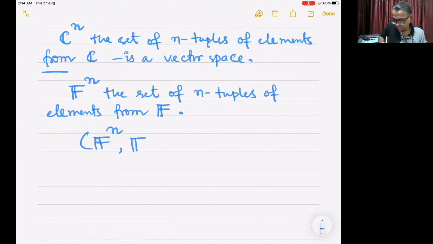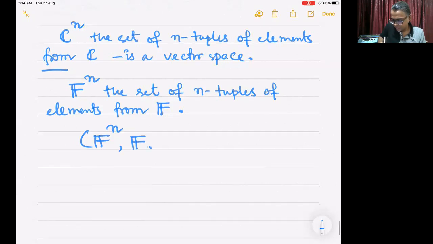The scalars come from F, the addition is element-wise addition, and scalar multiplication is element-wise multiplication. The zero element is the all-zero vector, the additive identity. The additive inverse is defined as the element-wise negative. All the rest of the properties, like associativity and commutativity, follow naturally. So this is another example of a vector space.